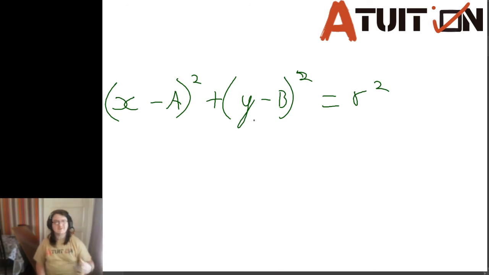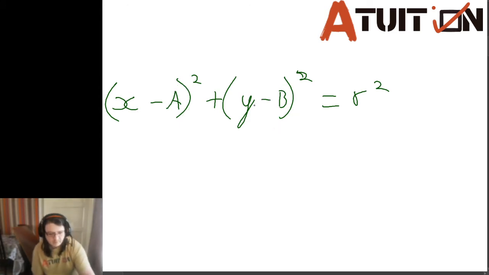Standard format, like how y equals ax squared plus bx plus c is the standard format for a parabola. This is the standard format of a circle. This equation tells us that the center of the circle is (a, b).